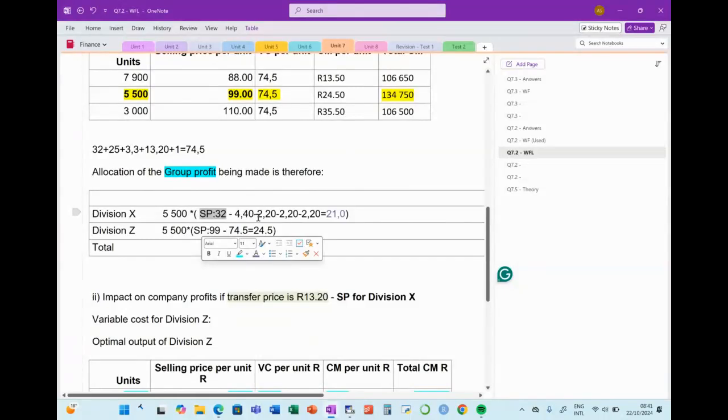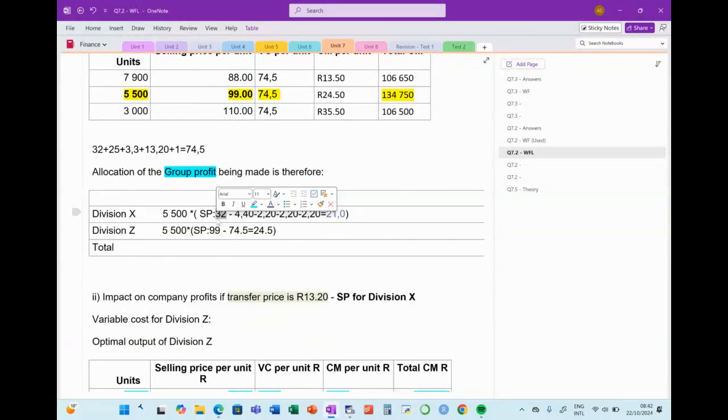So what was your question again? Remind me your question. Why aren't we minusing the 1 Rand? So here we're saying 32. Oh, this 32, we had already removed it. Because remember here, let's read the question.